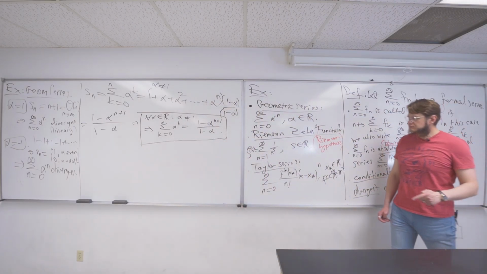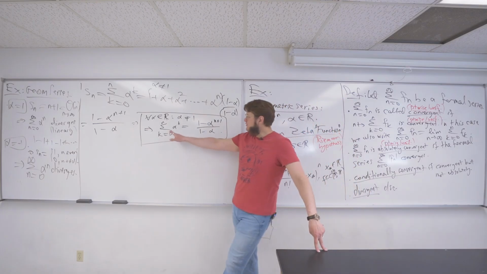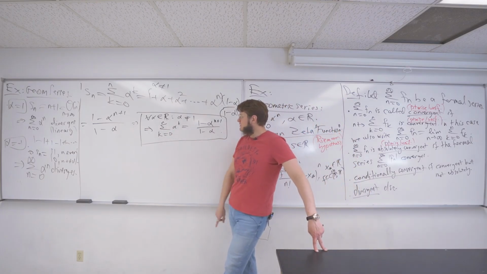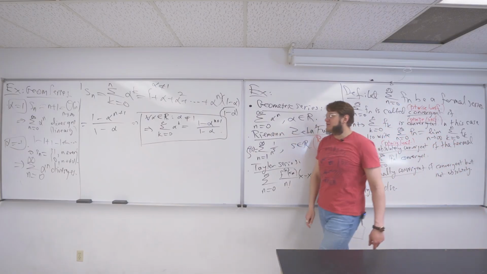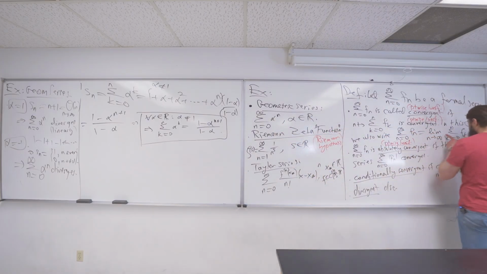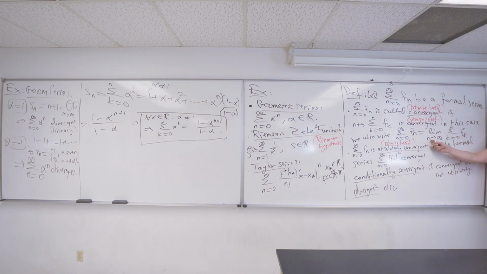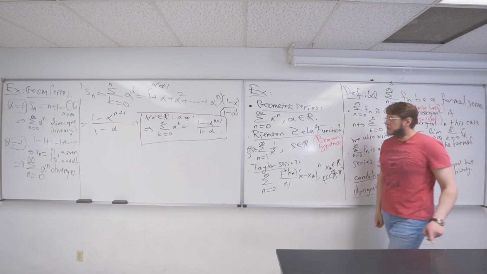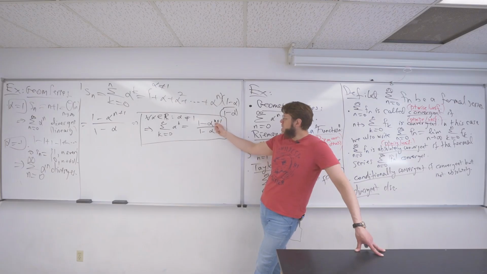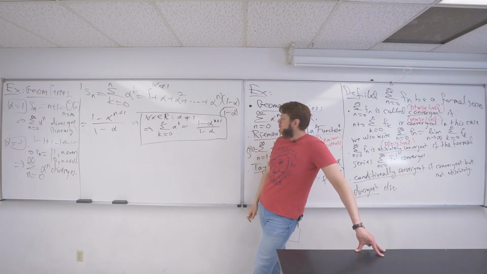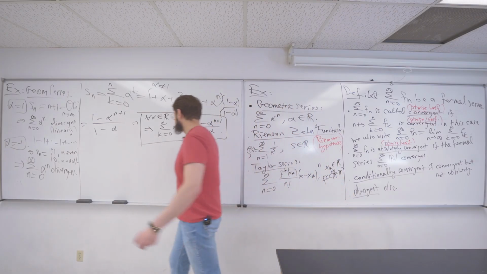For fixed alpha, in order to say whether or not the associated series converges or diverges, I'm just going to take n to infinity in the partial sum. The only thing that changes with n is this term. Since I'm taking exponents, this part is going to go to 0 if alpha in absolute value is less than 1. Otherwise, it's going to diverge.